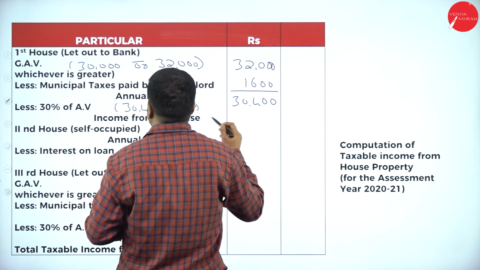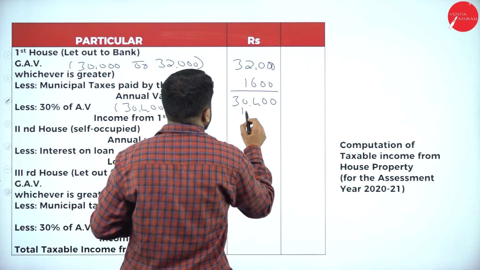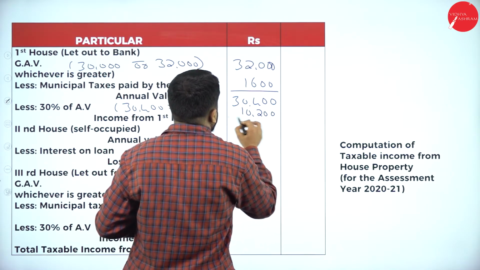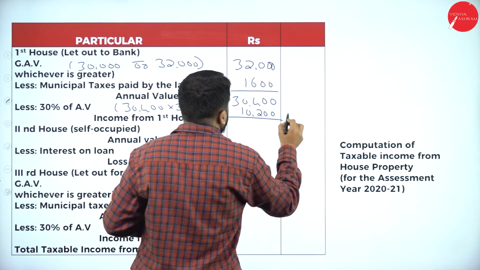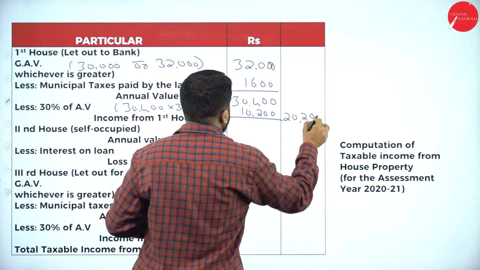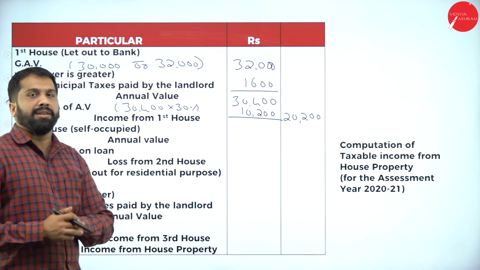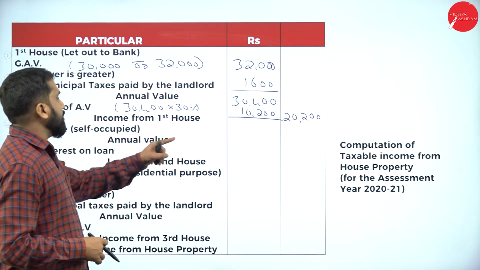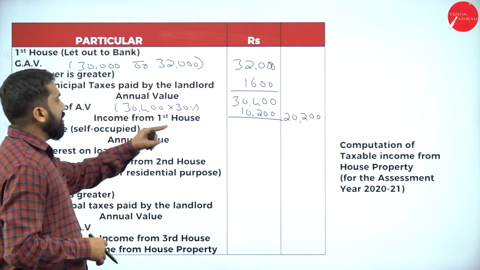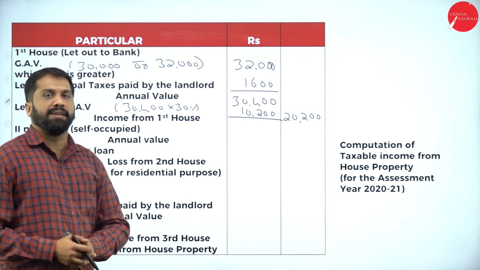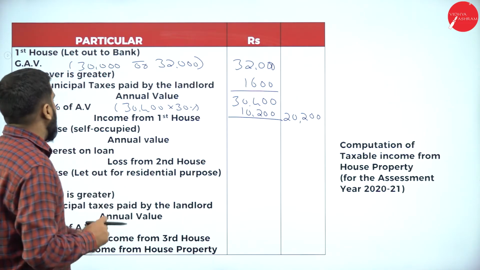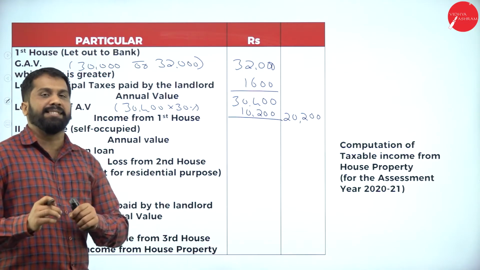Now, your municipal tax, it will be 10,200. Your final answer is 20,200. Any doubt up to this? Hopefully, no doubt. Your final answer of house 1 is 20,200. Clear?